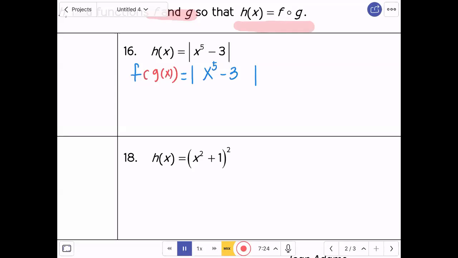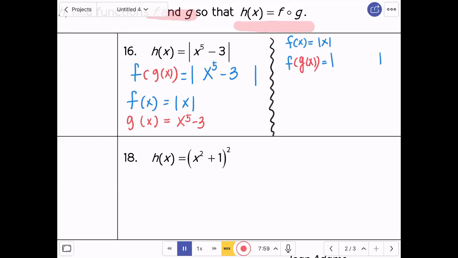So I'm going to assume f of x is equal to the absolute value of x and g of x is equal to x to the 5th power minus 3. I want to check that f of g of x is equal to the same function we have here.